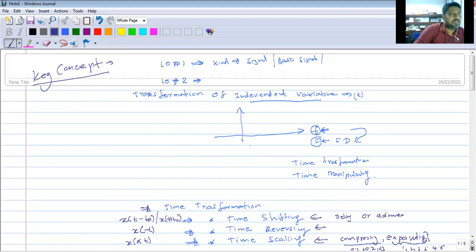You have to learn this very clearly, because in many applications and for analysis purposes we use these techniques very often.